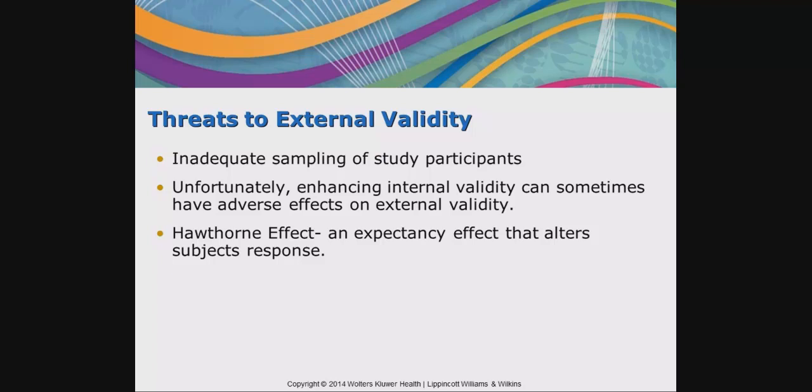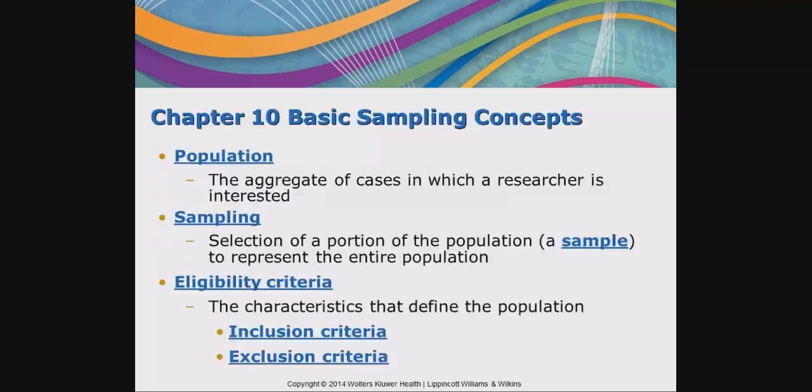You behave differently when you know you're being watched. And the Hawthorne effect will happen in studies, when you're asking people to respond to a questionnaire or a behavior or whatever, and that is a threat to the external validity. So, know those things. As we breeze into Chapter 10, Basic Sampling Concepts.